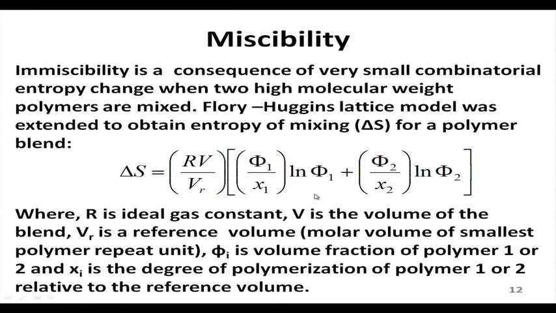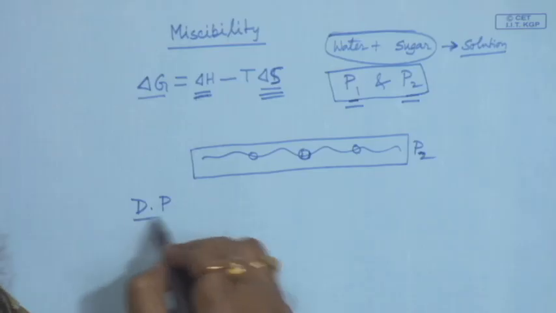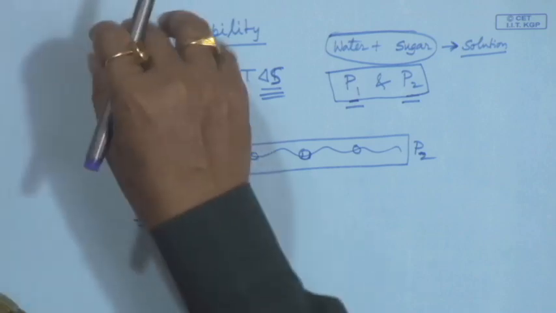Phi 1 and phi 2 are the volume fractions of the two component polymers: phi 1 is the volume fraction of P1, phi 2 is the volume fraction of P2. And x 1 and x 2 are the degrees of polymerization, DP, which is related to the molecular weight of the polymer.